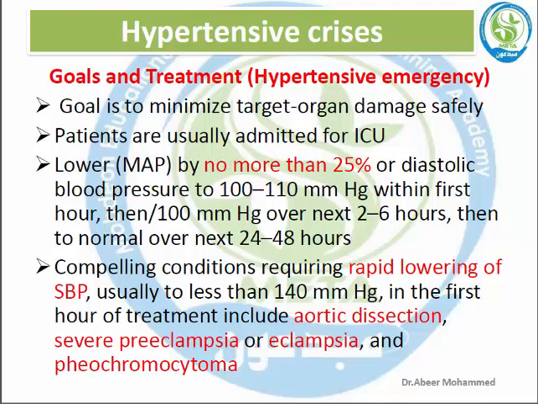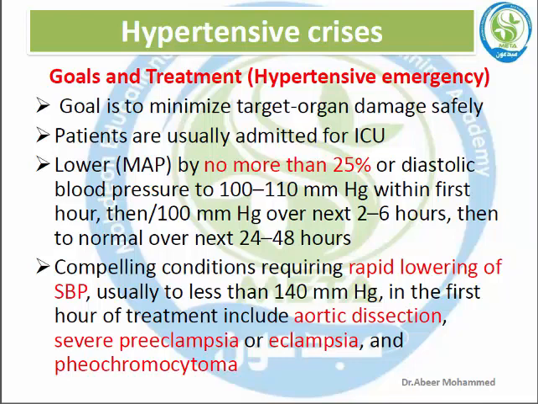We need to lower the MAP by a maximum of 25%, or the diastolic blood pressure to between 100 and 110 millimeters of mercury within the first hour. Then within the next 2 to 6 hours we can decrease the blood pressure more.